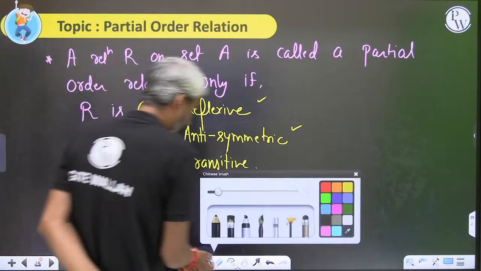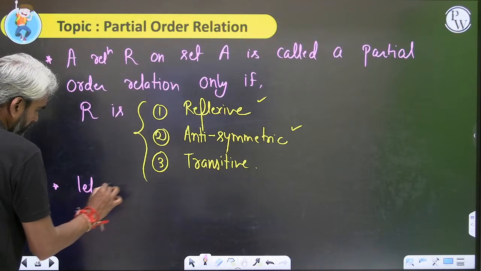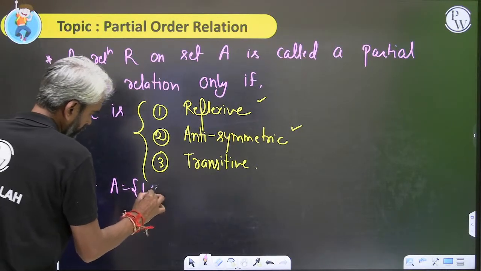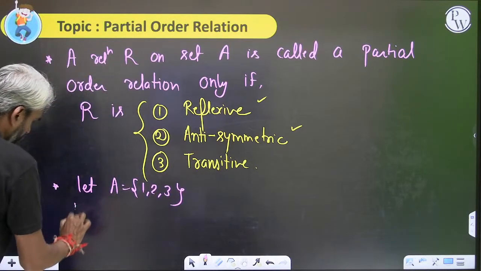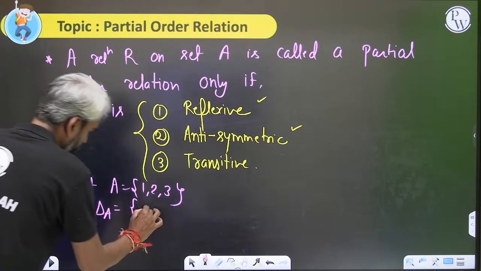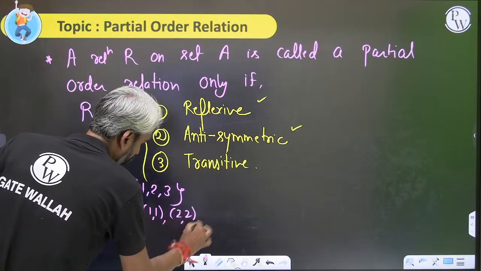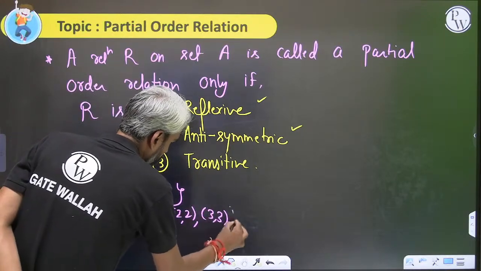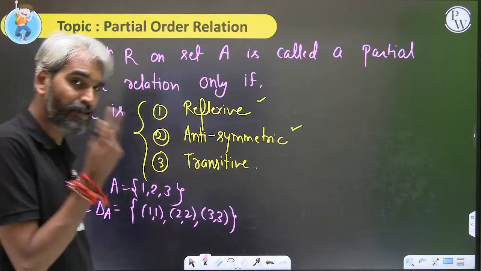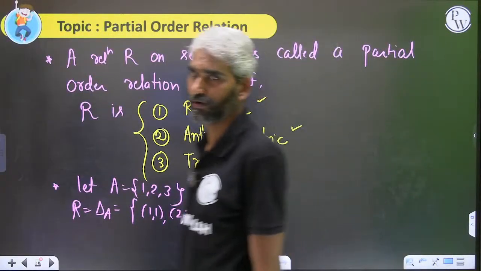So first of all, if I define the diagonal relation delta A, my question is: is it reflexive? Yes, sir. All diagonal ordered pairs are present. Is it anti-symmetric? Yes, sir. Diagonal ordered pairs are present. Otherwise, if the condition is false, therefore we don't need to worry about the then condition.